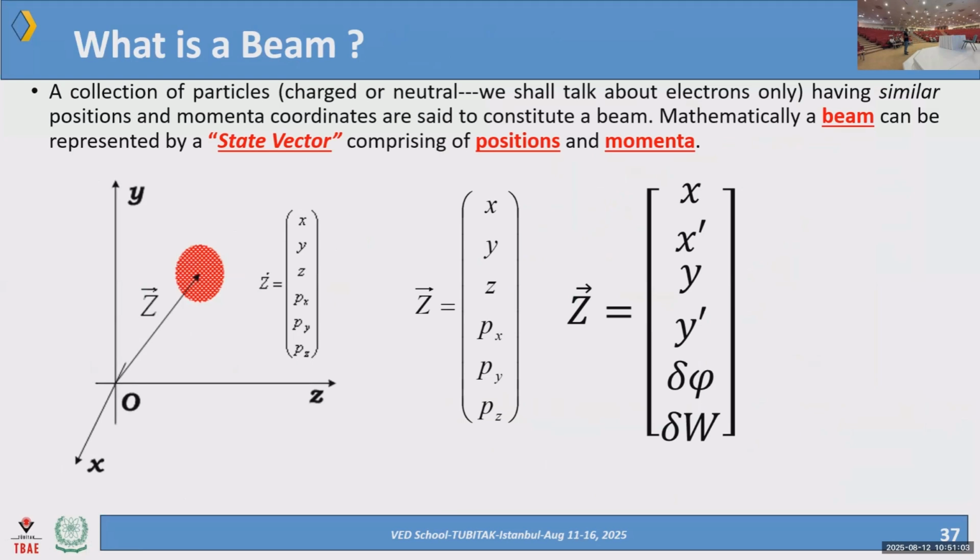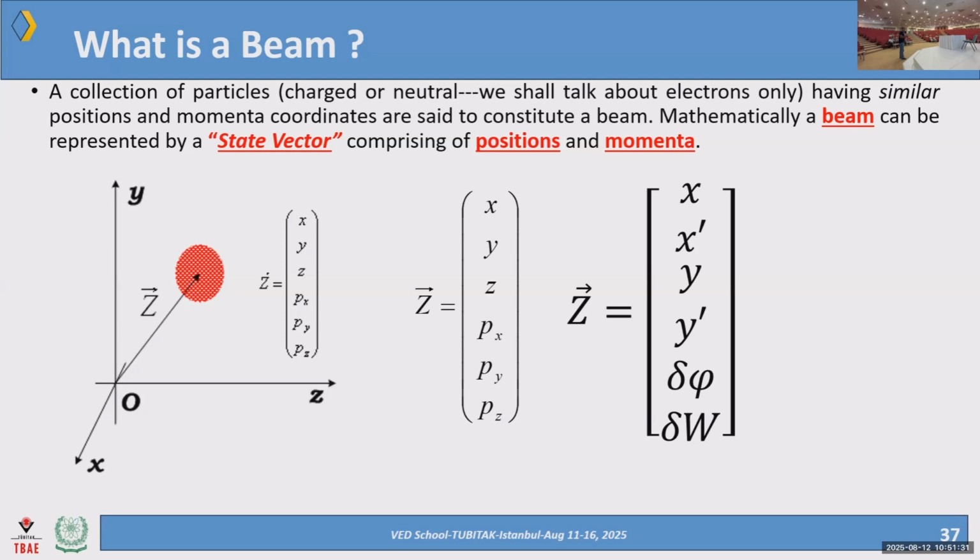The first four entries of this vector are defining the beam in transverse direction, and the rest of the two are defining the beam in longitudinal direction. Longitudinal space is basically the time entry where the phase comes into play, the energy. We suppose that the energy is gained in one direction. It's in simple jargon.